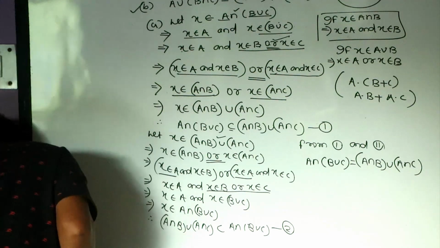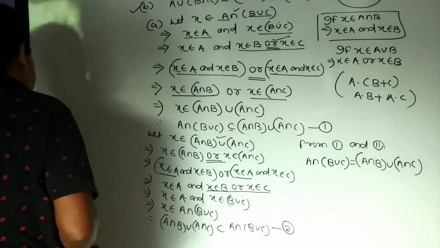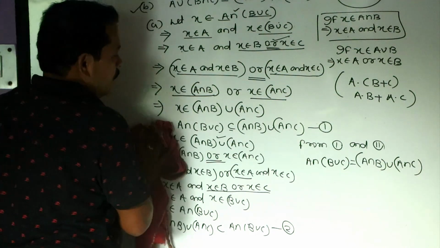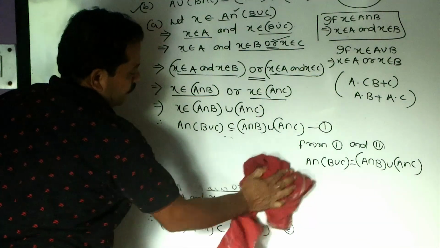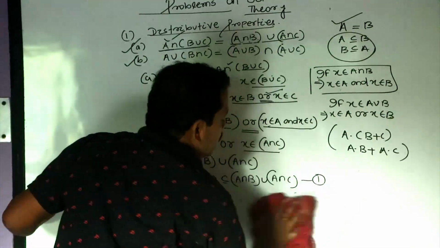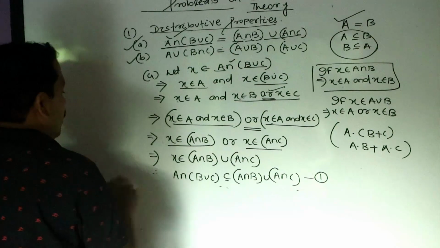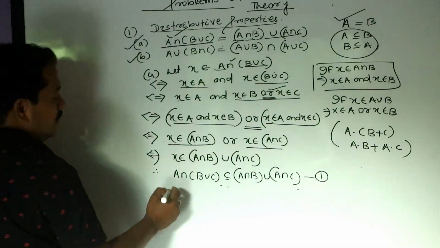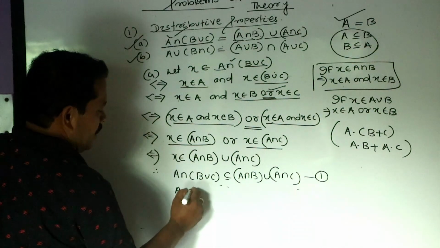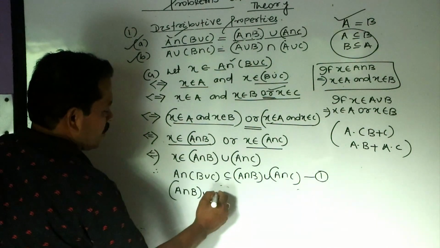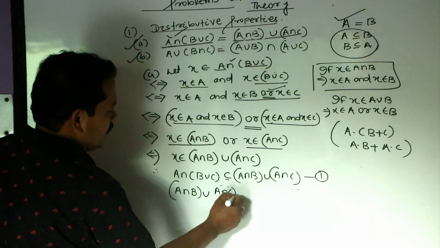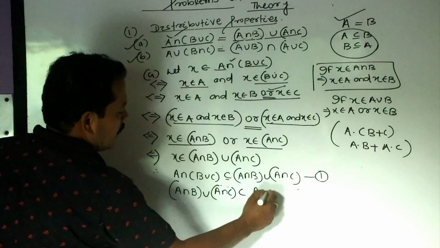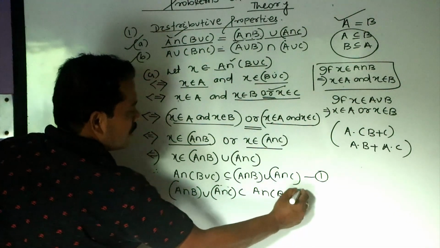Another method you can also adopt, that is if you put double implication here, then at the same time you can say that A intersection B union A intersection C is a subset of A intersection B union C. That is 2.